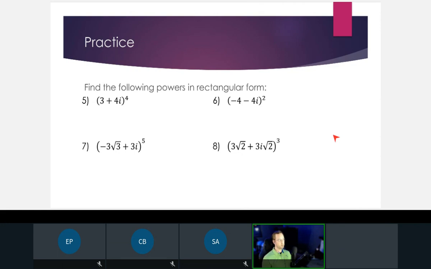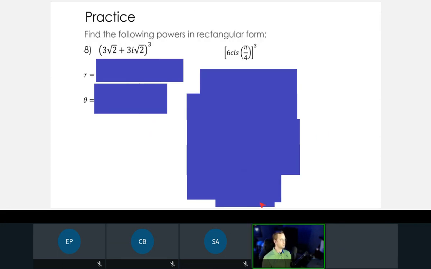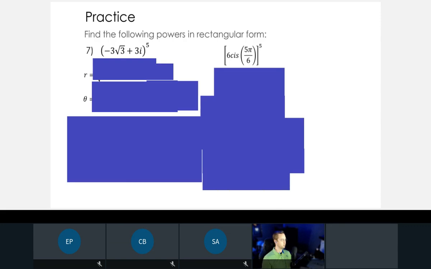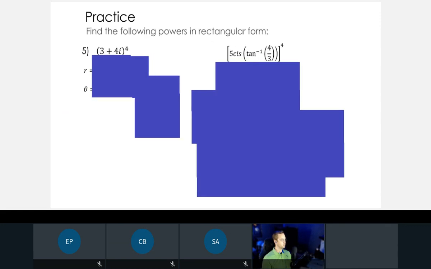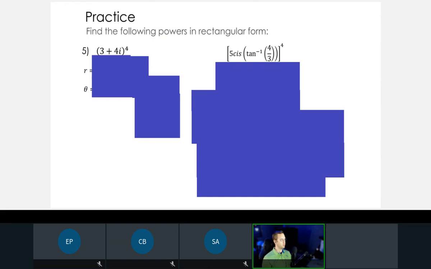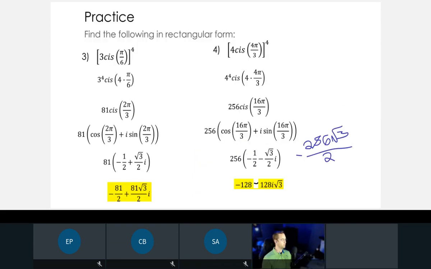Convert to polar, yes. Someone hit back. Rude. Don't click around. I don't even know what page we're on anymore.